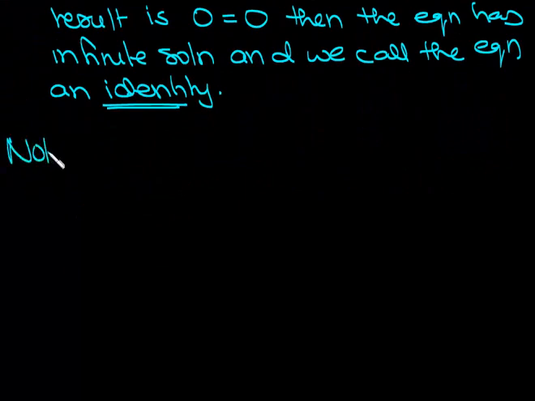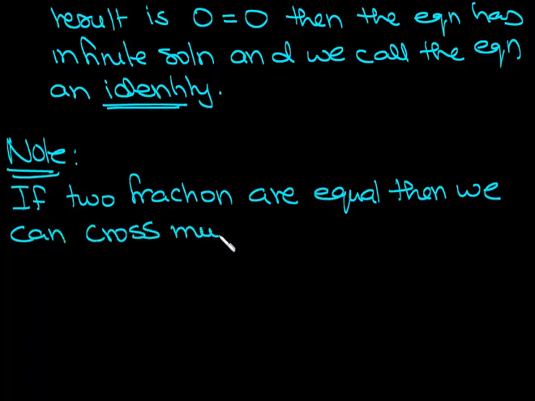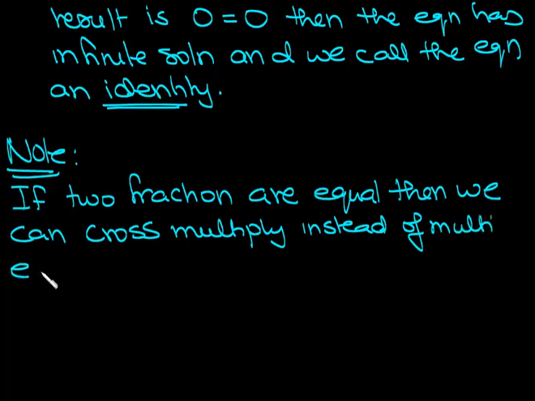This is a separate note from that. Okay, if two fractions are equal in an equation, then we can cross multiply instead of multiplying each term by the common denominator.